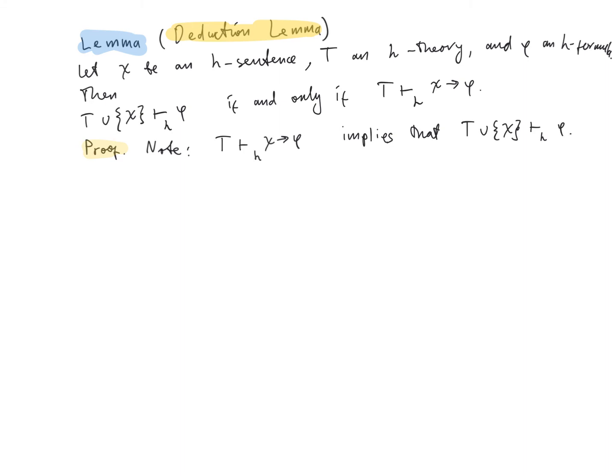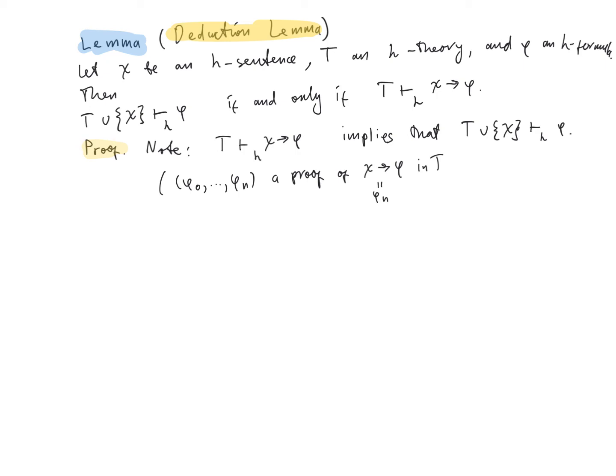This is immediate by the modus ponens rule, because we already know that we have phi 0 through phi n, a proof of the formula chi implies phi in T. So in particular it is equal to phi n.